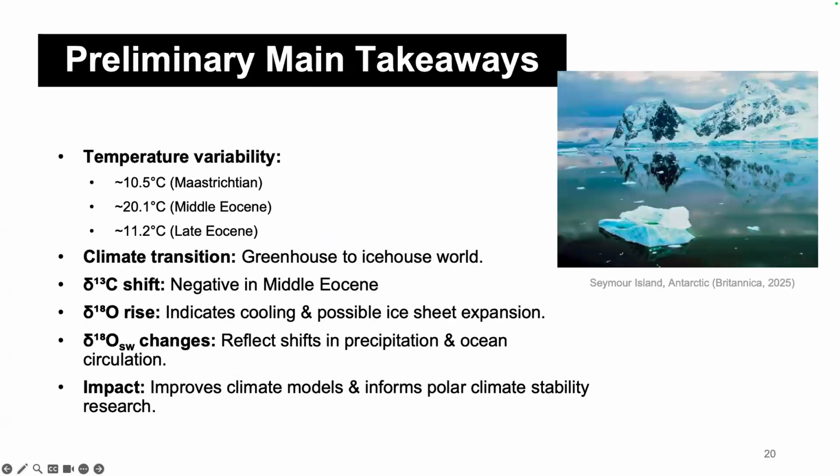Our study confirms significant high latitude climate variability in Seymour Island from the late Cretaceous to the late Eocene, with temperatures fluctuating between 10.5 degrees Celsius in the Maastrichtian, peaking at about 12 degrees Celsius in the middle Eocene, and cooling to about 11 degrees Celsius by the late Eocene.